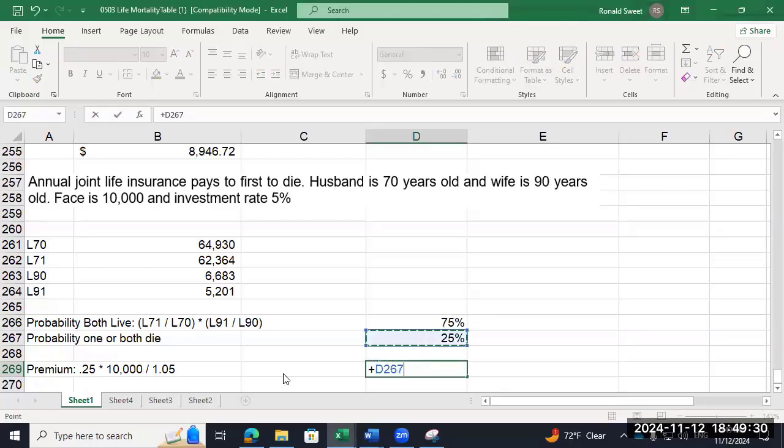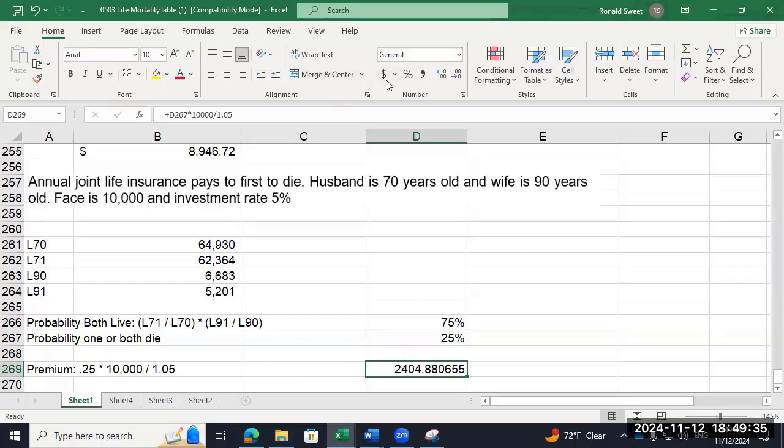So if we take that times 10,000 divided by 1.05, the premium is going to be 2404.88.